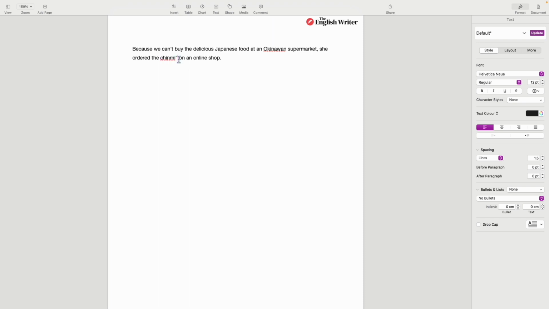This is a foreign word. Foreign, that is, to the English language. So I will put that in italics. She ordered the chinmi on an online shop. Meaning is understood. I don't have a problem there, and I wouldn't worry my student too much, but I would correct it and make it more natural. From an online shop. Okay.